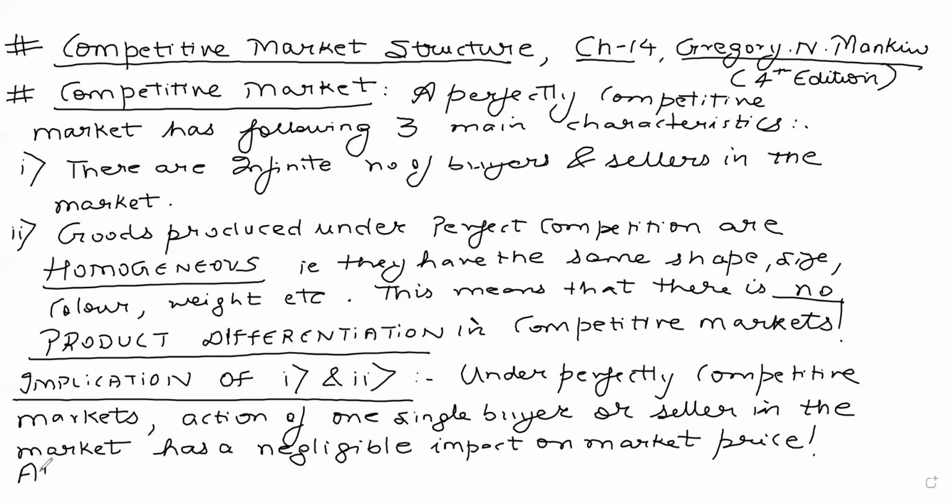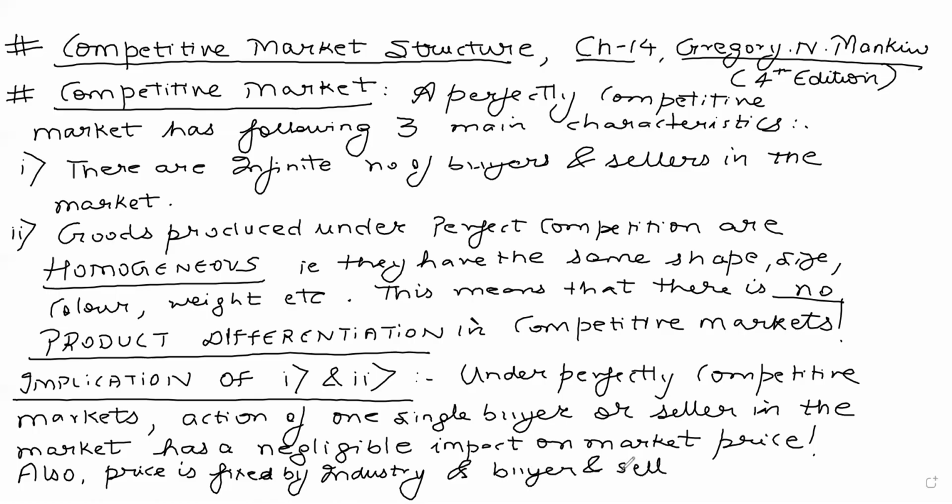Also, price is fixed by the industry. Who fixes the price under perfect competition? The industry. How does the industry fix the price? By market forces of demand and supply. Very simple. Price is fixed by the industry, and buyers and sellers are simply price takers.